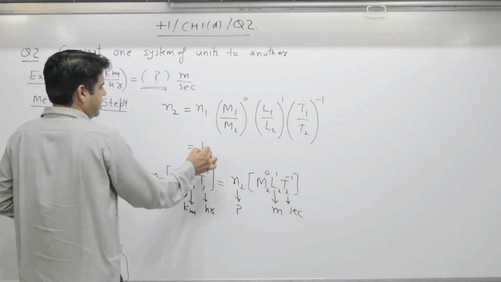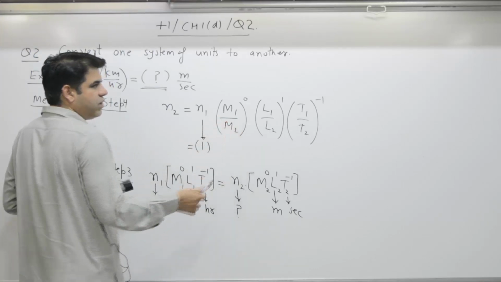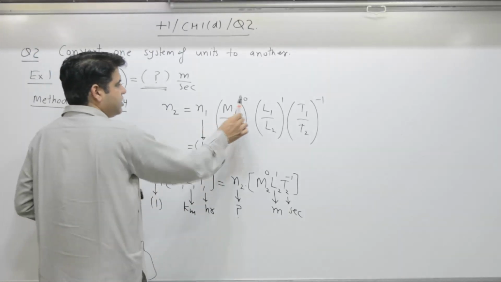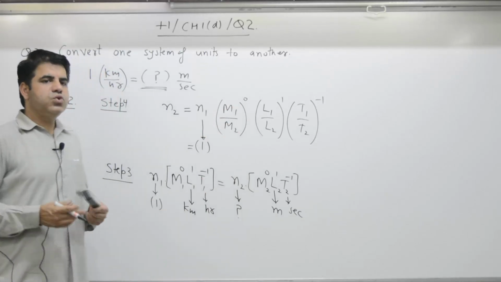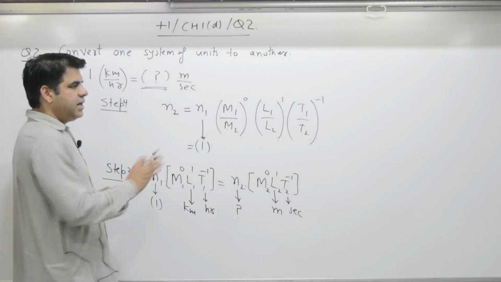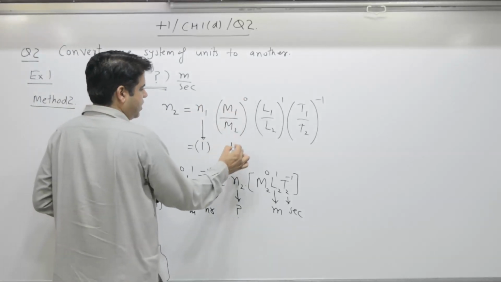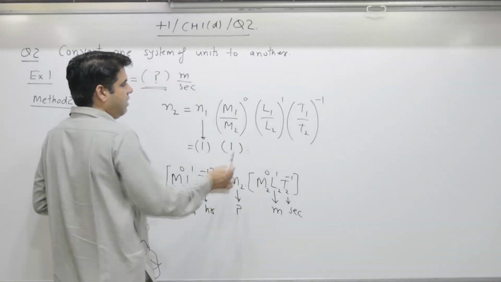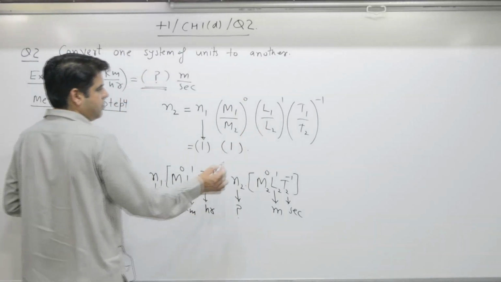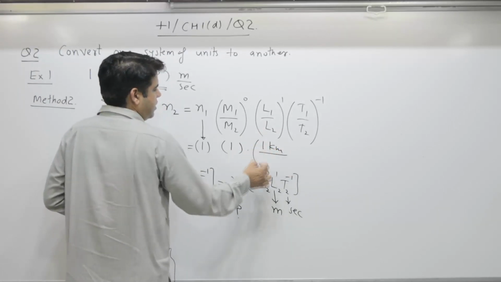N1 is equal to what? 1. M1 and M2, whatever this value is, power is how much? 0. Even if it is given, 2's power 0 is 1, 3's power 0 is 1. Here it is not given. Even if it is given, if this power is 0, this comes out to 1. L1, first system, 1 kilometer.